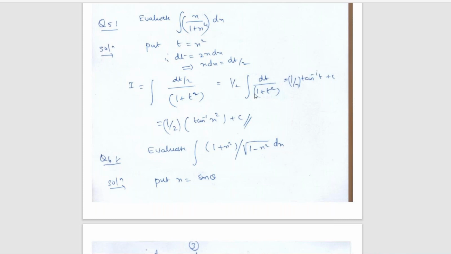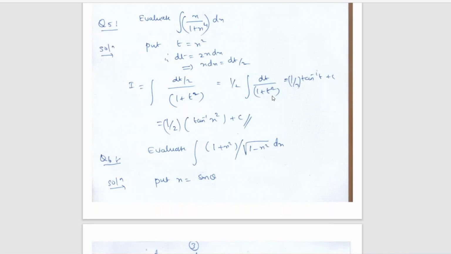What is integral 1 by 1 plus t square dt? It is a formula. What is the formula? Anybody knows? Integral 1 by a square plus x square dx is 1 by a tan inverse x by a. That is the formula. I'll share the formula sheet in the next class.